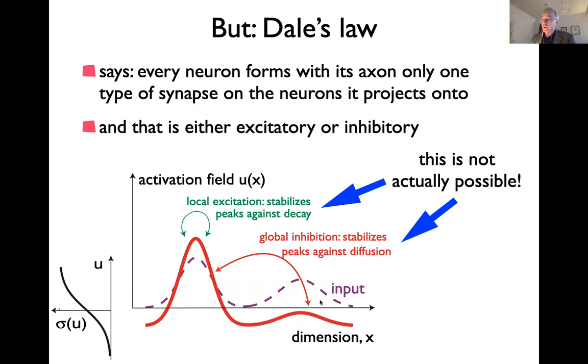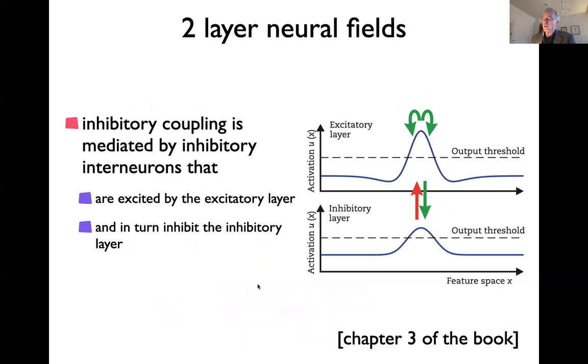The answer how this can be done is well known in physiology: so-called inhibitory interneurons. I briefly hinted at that in this layered model of cortex in the neurophysics tutorial. What happens in the brain is that you first have the excitatory system.